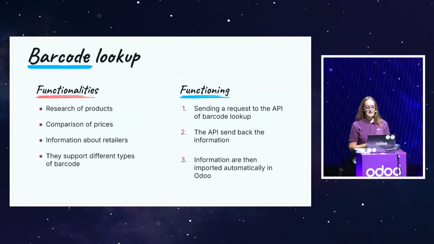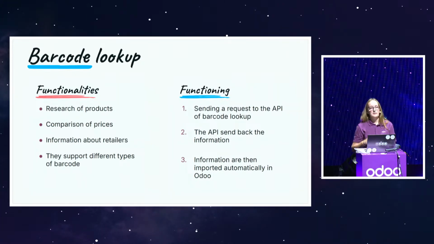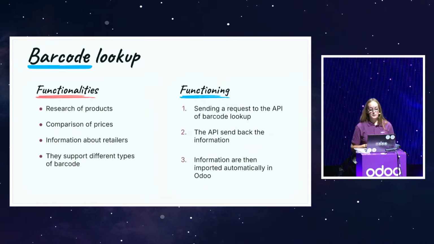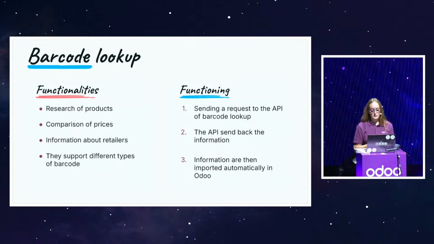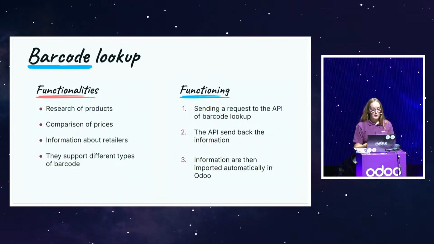Now, how is it working? The website is called Barcode Lookup. It is a website listing millions of barcodes of products, also images and a lot of information about those products. The functionalities of Barcode Lookup are very wide.